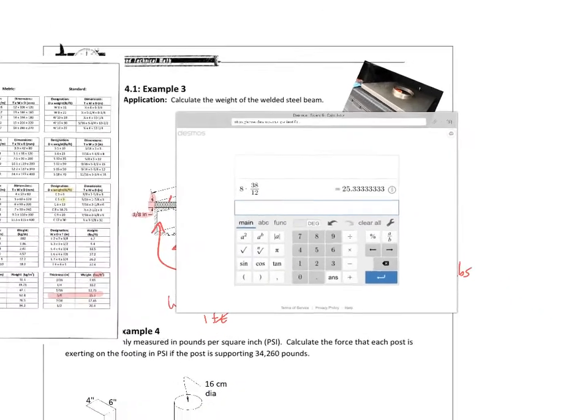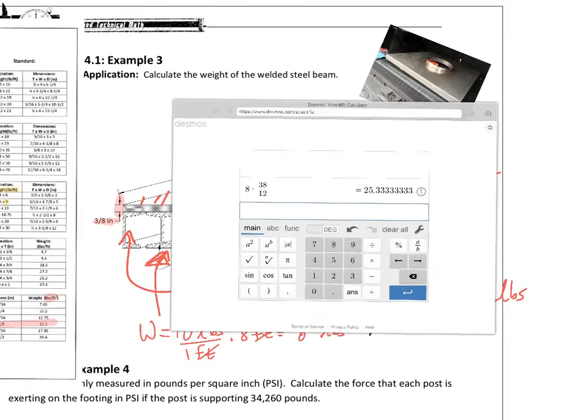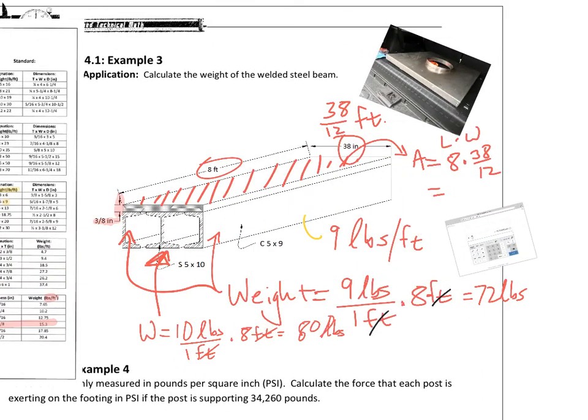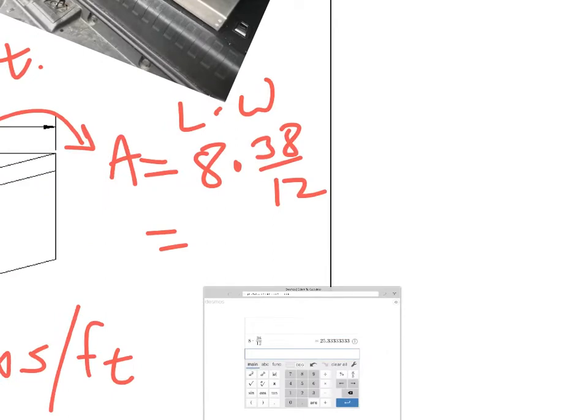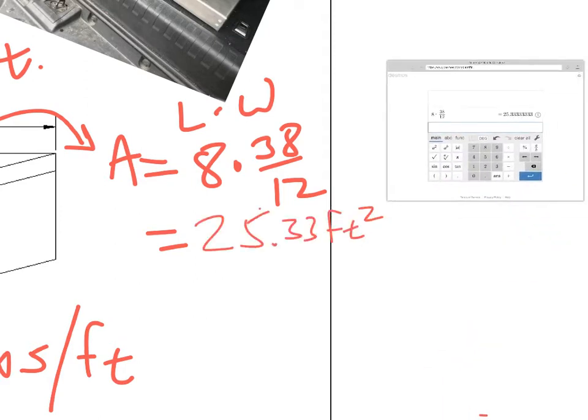So 25.3, that's our area. Sorry, no, that's area, so we have 25.33 square feet.